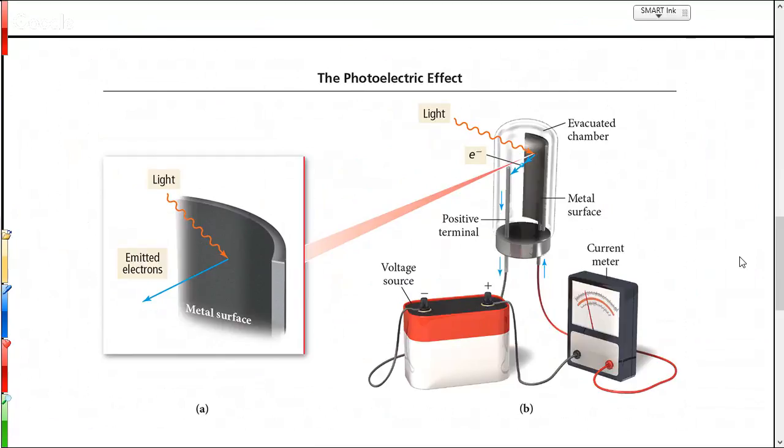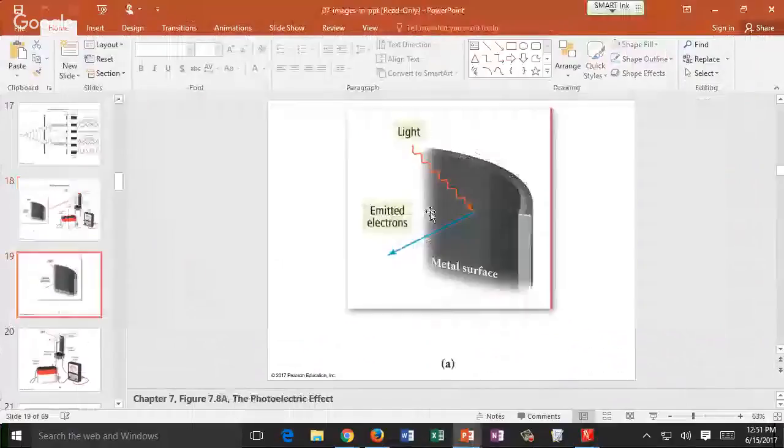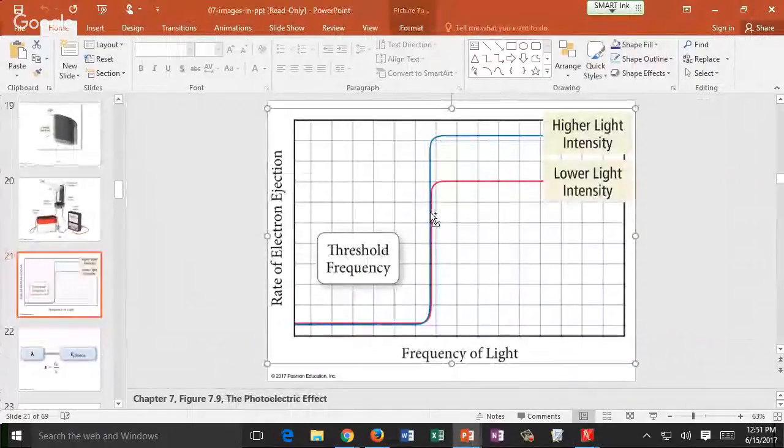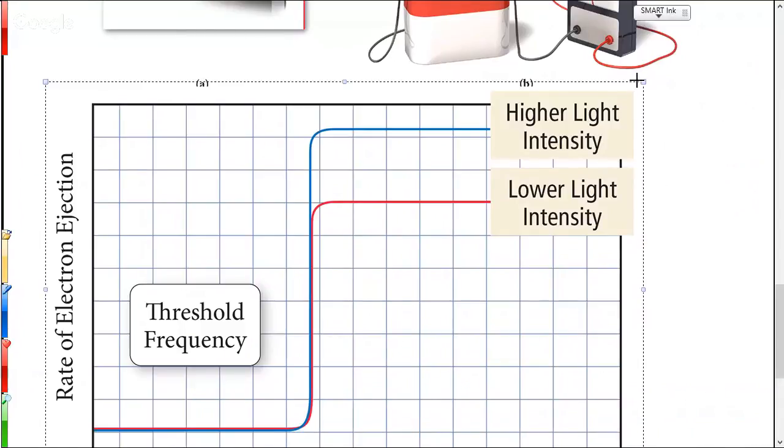If you set up a thing like that, the light hits the metal, the electrons come off, and then you can actually measure the current that's created by the electrons moving, because moving electrons is a current. So you can detect that when light hits a metal surface, electrons come out. But what was really unusual and troubling about that is that this is kind of what happens.